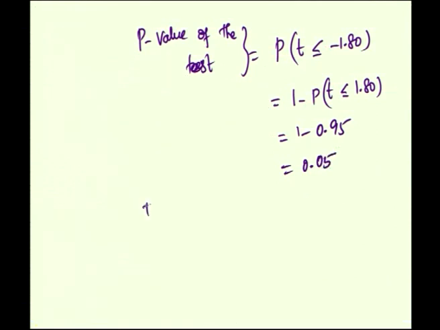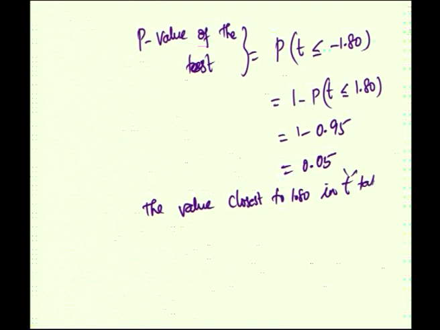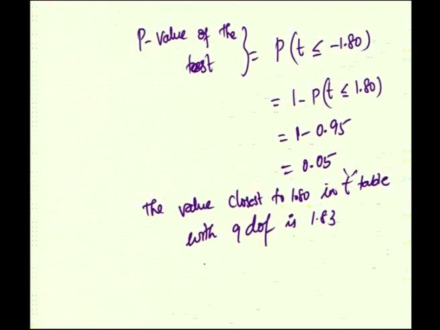We write like this: the value closest to 1.8 in the t table with 9 degrees of freedom is 1.83, and it occurs at 10 percentage. Therefore, we have the value as 0.05. Because of the symmetry we write 1 minus p of t less than or equal to 1.8. Now the p value of the statistic is found out.